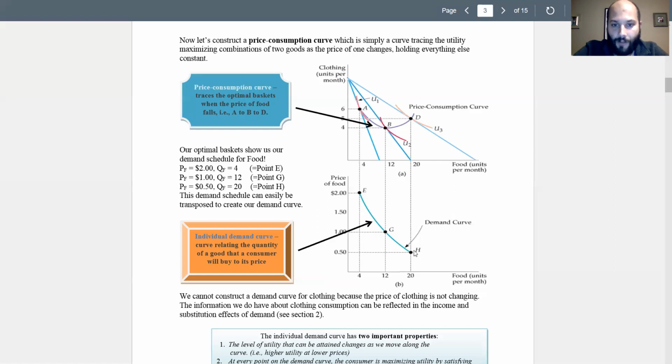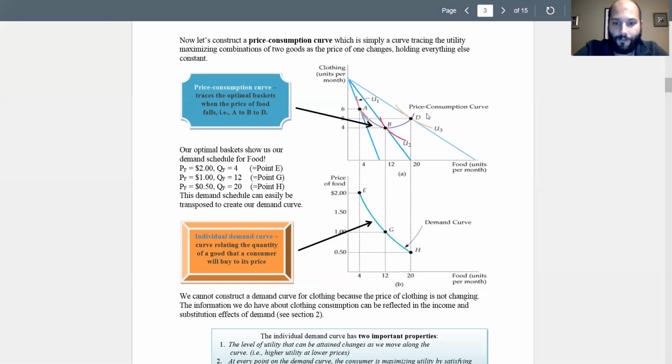So a price consumption curve shows us, on the same consumer optimization type of graph we've been looking at in chapter 3 with our two goods, good Y and good X, whatever they might be, as the price of one of the goods changes, here good X, food, how does the optimal bundle change? So when price changes, how does optimal consumption change? Price consumption curve.